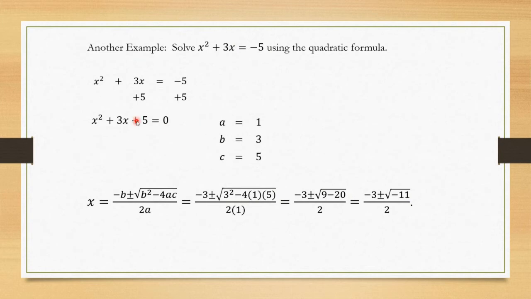Okay, so from here, a is 1. Remember, if the coefficient is 1, we don't write it. b is 3, and c is 5. Okay, so from here, this is our formula again.